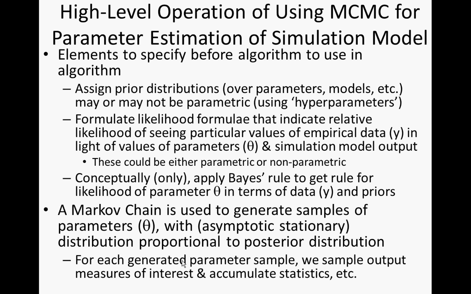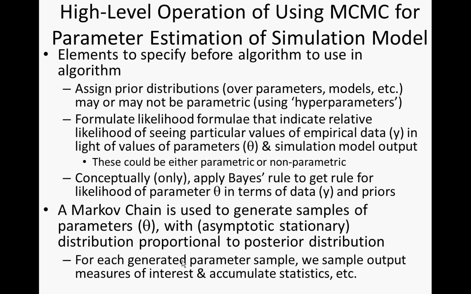Secondly, and this is arguably the most novel and most important component of the whole thing, we need to formulate likelihood formulae to indicate the relative likelihood of seeing particular values of empirical data in light of values of parameters, and this is the key component when we come to simulation, and simulation model output.